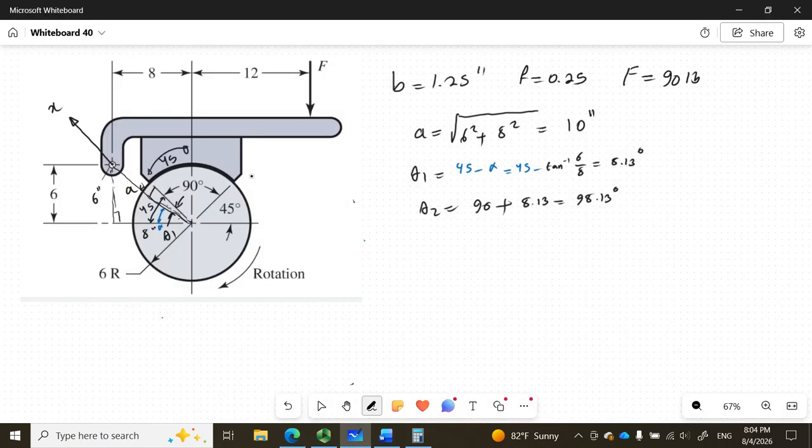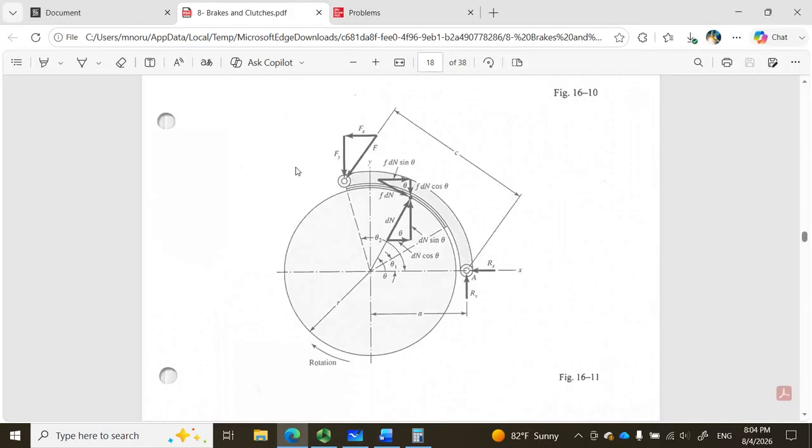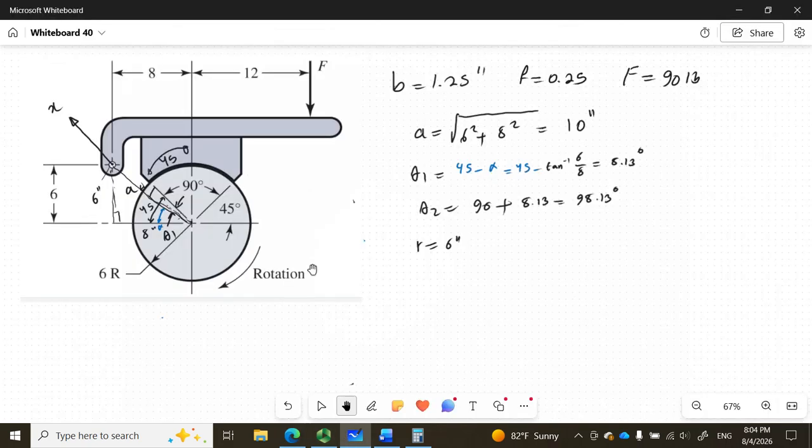Let's write that too. The radius, we know it already, it's 6 inches. Alright, so what else we need to know is the C. C is the distance, it's like a moment distance of F from the pivot. So let's see what that guy is.